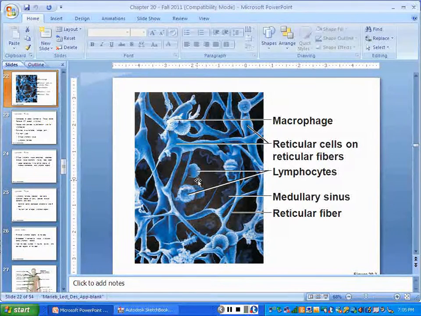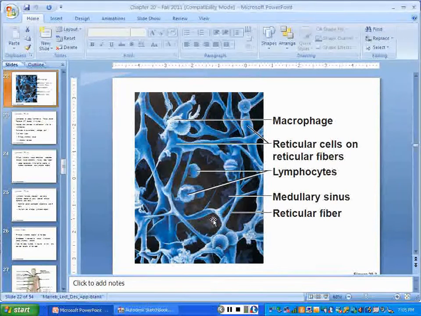Okay, what's the purpose? Our lymphatic system is there to filter tissue fluid, correct? So we will have this reticular tissue here, and white blood cells will attach to it. And they will wait for the tissue fluid to be filtered through here.